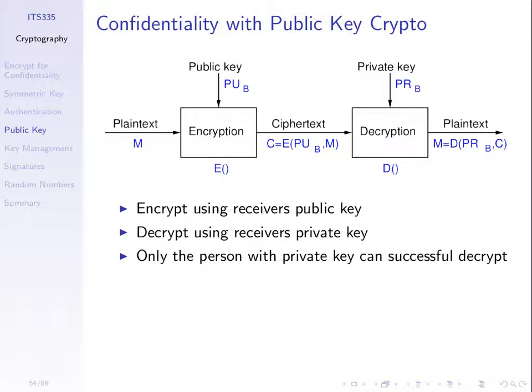And if the algorithms are designed correctly and considered secure, and there are algorithms that are considered that way, then no one else can discover the plaintext message. Why? Assuming no one can discover the private key, again, same with the secret key, no one can guess it.